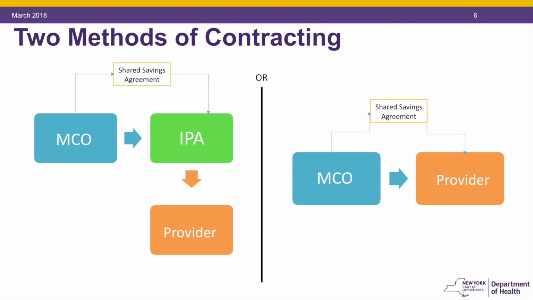As we were moving towards value-based payment, we've seen that these basic contracts that have been in existence for 20-plus years, since we had managed care in New York, are pretty much still there. What is happening as we move towards value-based payment in these levels 1, 2, and 3 is that MCOs and IPAs are establishing addendums or appendices to their contracts just for the purpose of the shared savings arrangements.